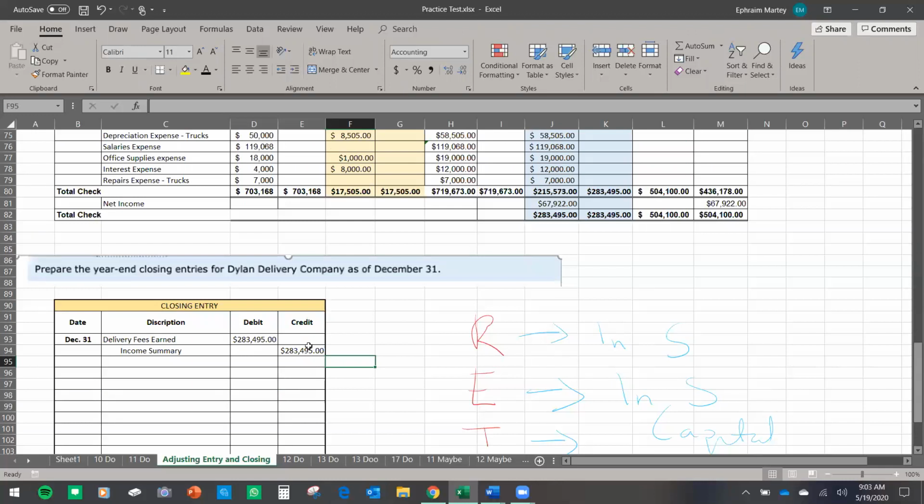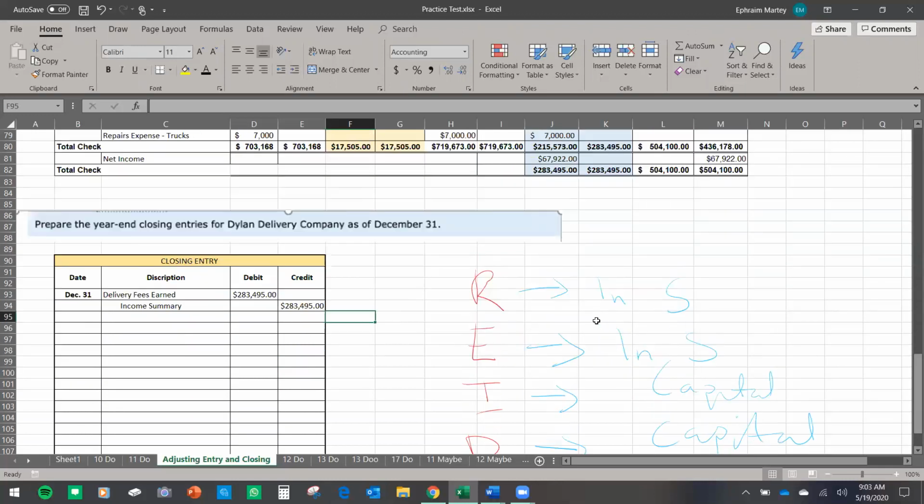We have our expenses. We have to get rid of all our expenses. Because it's a debit account, the only time we'll credit it is when we are getting rid of it. So we will credit it to get rid of all the expenses. We have all our expenses here, so we put in the numbers there.